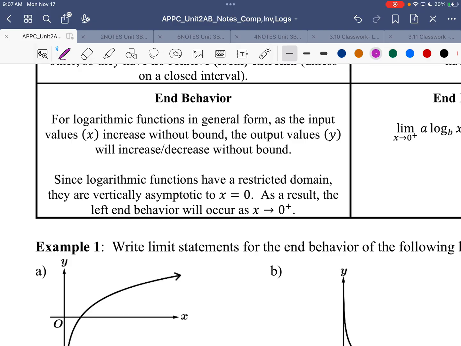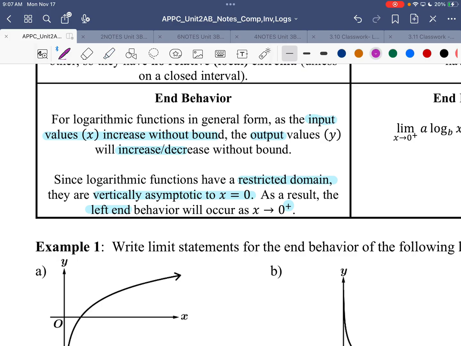All right, the end behavior of log functions. For log functions in general, as an input increases, the output will either increase or decrease without bound. Without bound means it's going to infinity. Since the log has a domain restriction at the vertical asymptote, the end behavior for the left side of a log will have 0 plus.